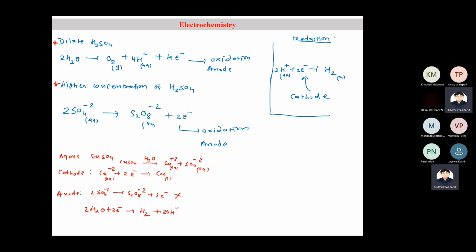Here, sorry, cathode reaction is possible, but see, reduction is already possible. Copper is reduced, but anodic reaction is difficult. This anodic reaction does not take place, so oxidation does not take place.